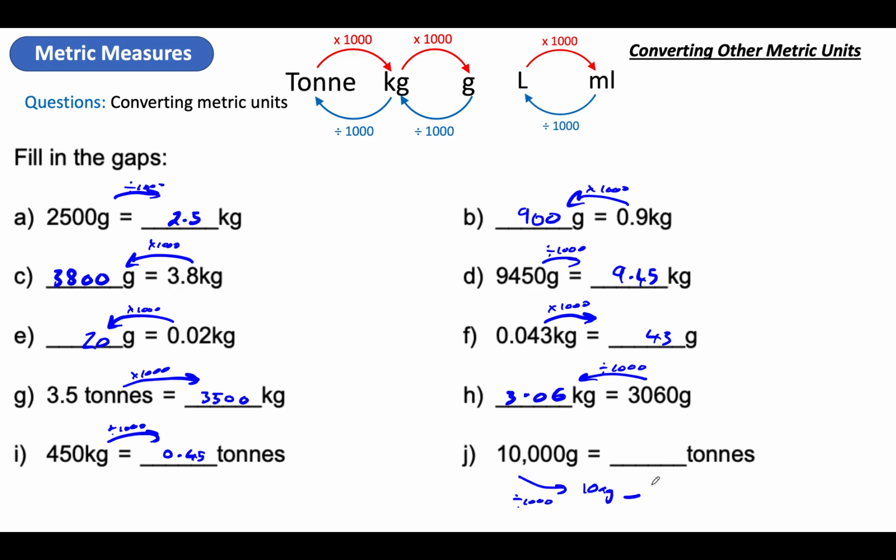Then, if I'm going kilograms to tonnes, I'm dividing by 1,000 again, 3 more places smaller. So 1, 2, 3. Hang on, 0.01. Oh dear me, I'm very tired. I'm even typing in a calculator just because I don't believe myself. Right, now if you've put 0.010, another 0 on the end, it's not incorrect, it's just, again, we don't need that trailing 0. Okay, hopefully you got all of those right.